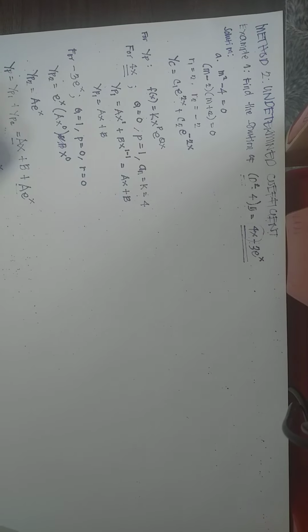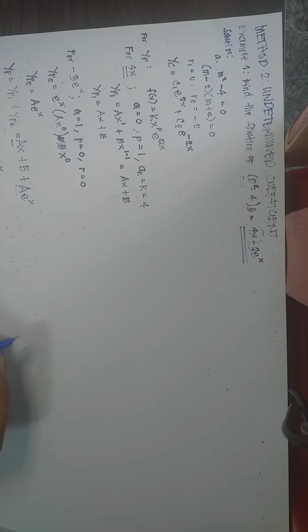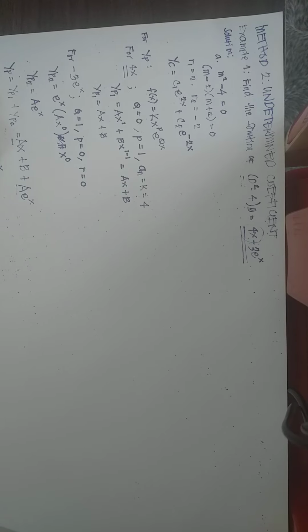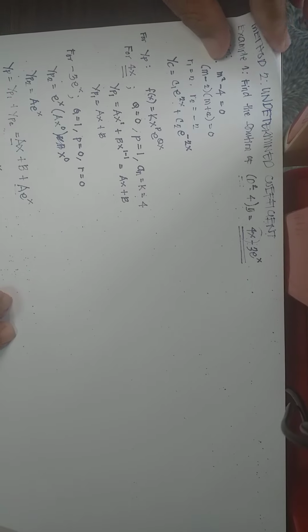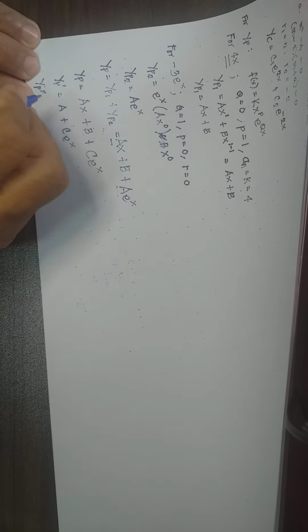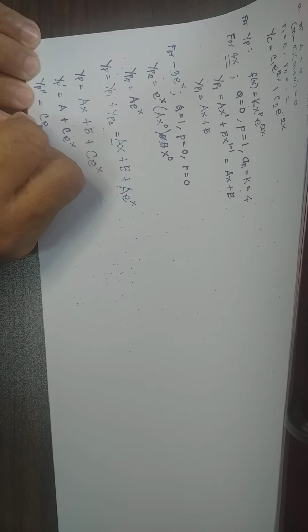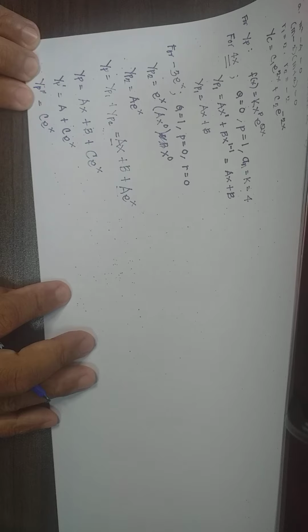So let us have yp prime, or the first differential. So this becomes a plus, yung differential ng b is 0, c e to the x. And y double prime is equal to, the differential of a is 0, c e to the x. Okay?